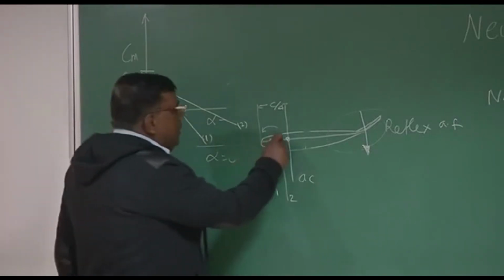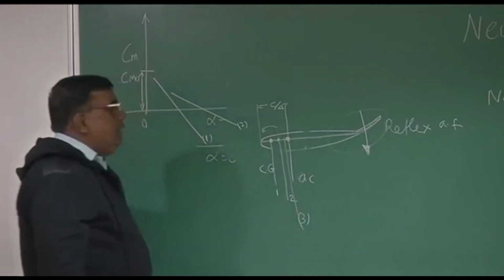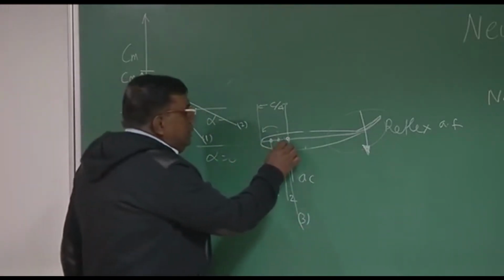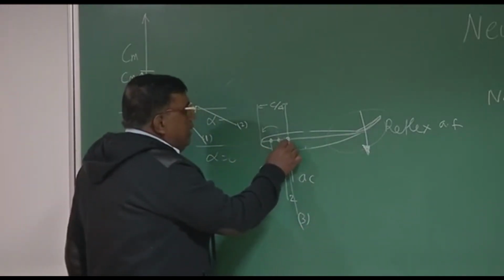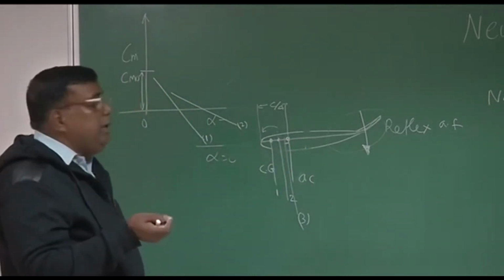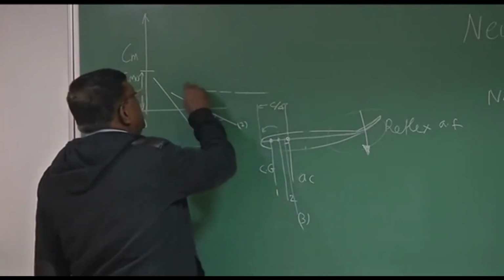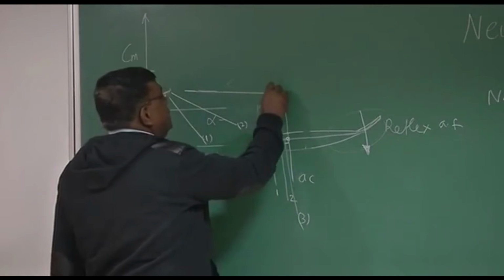Now I take it to point number 3, further close to AC. Now you know the moment arm has further reduced. So although the moment arm has reduced, still the AC is behind CG, so there will be a negative moment. So it may look like this, say 3.